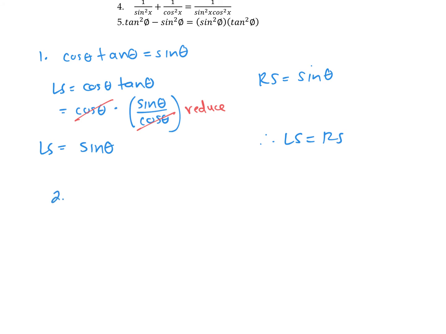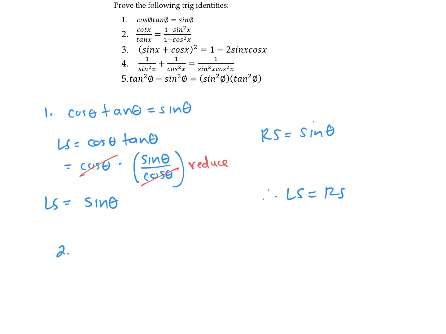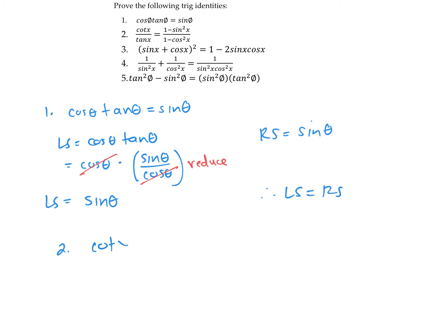Okay, question 2. We have cotangent x. Sometimes you'll see an x, sometimes you'll see a theta. They're both the same, they're both a variable. I wrote that wrong. Cotangent over tan, and I want to prove that's equal to 1 minus sine squared x over 1 minus cos squared x.